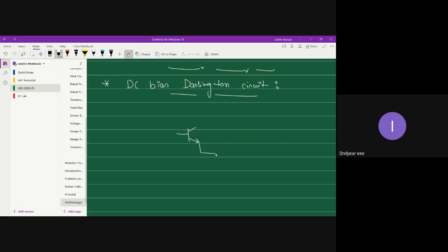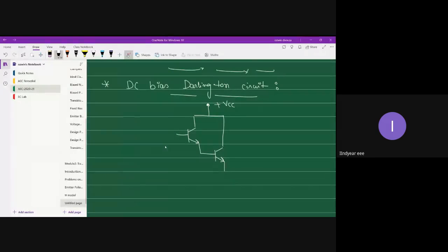Okay, so the emitter of the first transistor is connected to the base of the second transistor, and the two collectors are connected together, and these two collectors are connected to power supply voltage VCC.